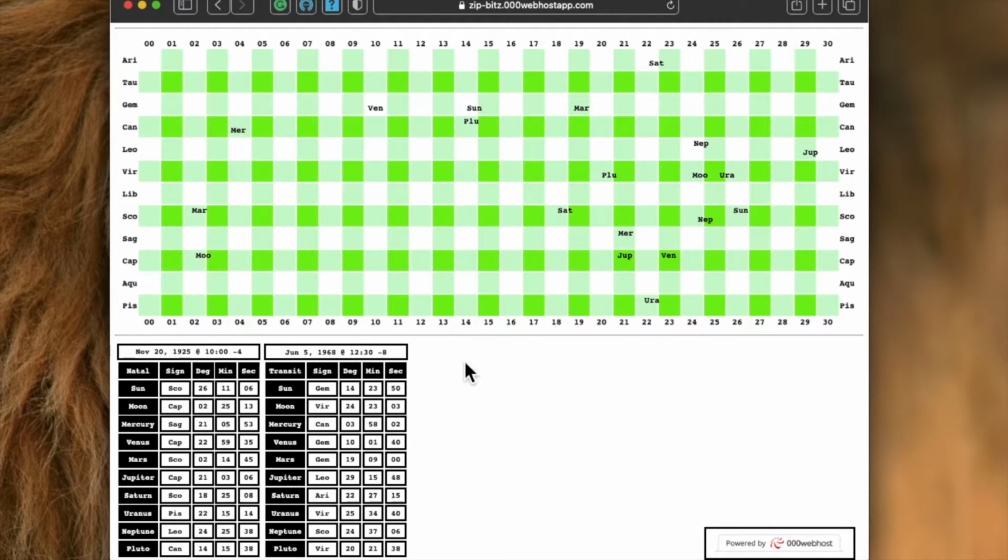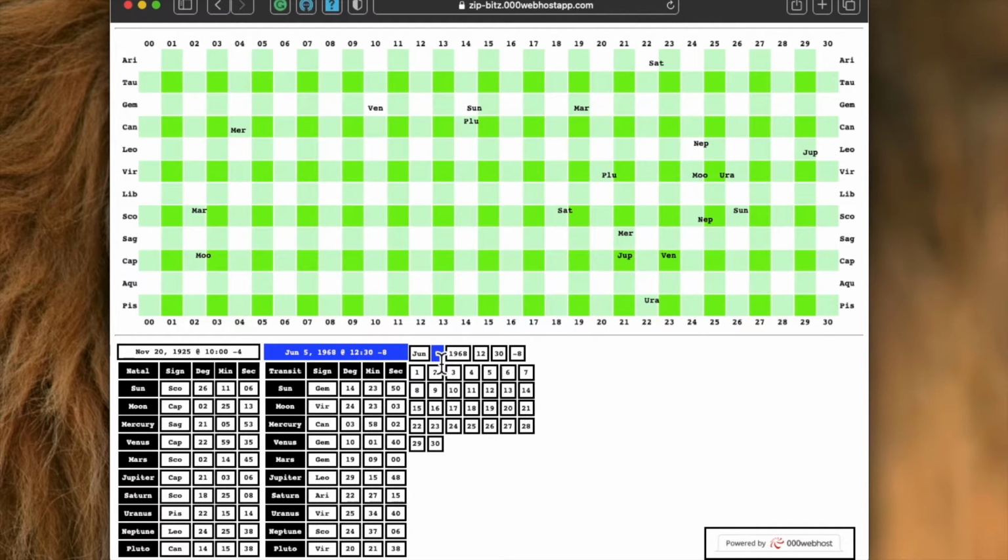So if we go forward, because he didn't die on June 5th, he was assassinated on June 5th. So if we go to June 6th at 12:30, see, this is a 24-hour time.